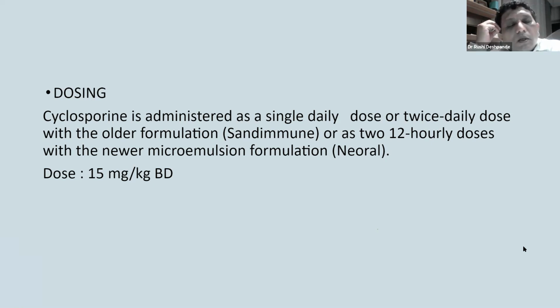So with C2, you target levels where you want. In the first 3 months, you will try to target on the higher side, closer to 800 to 1000, and after 3 months, in the maintenance phase, you like to keep it closer to 600 in most patients. Also depends on the individual and how they are using it.